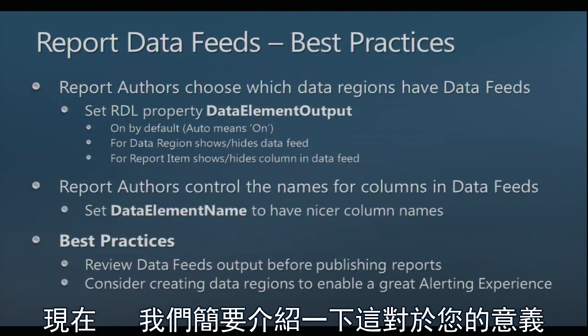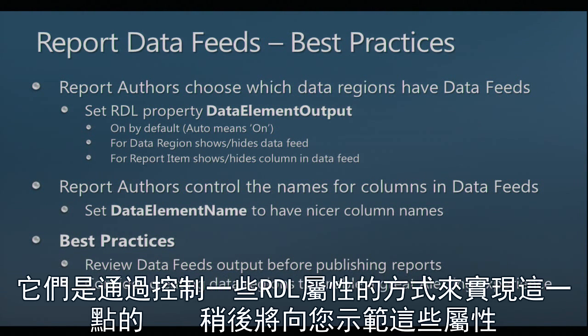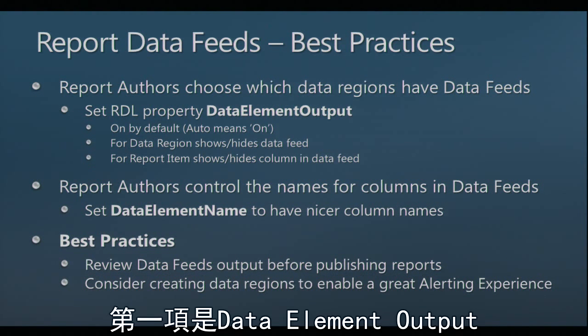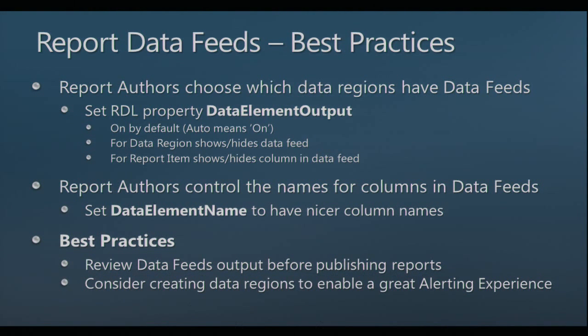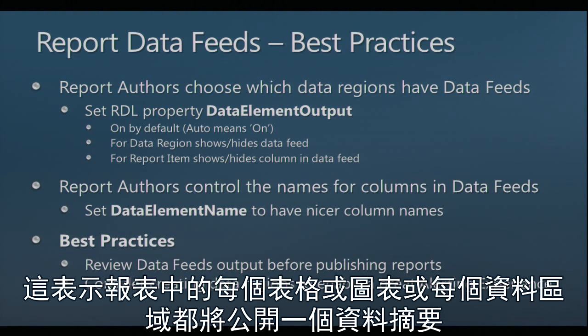Okay. Now let's talk a little bit about what this means to you. Report authors get to choose which data regions have data feeds. The way they do that is by controlling some RDL properties, and I'll show you what those are in a second. The first one is data element output. By default, it's on. It's actually auto, but it's on. What that means is that each table or chart, each data region that you have in your report, will expose a data feed.